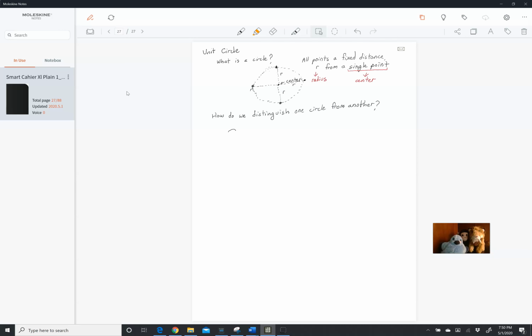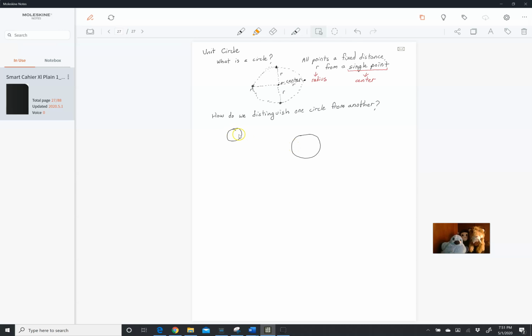If I have a circle here and another circle over here, how do we distinguish between these two circles? What makes them different from each other? We know they're all the points the same distance from the center, that would be the definition of a circle. But what makes this circle 1 and this circle 2? What makes these circles different?